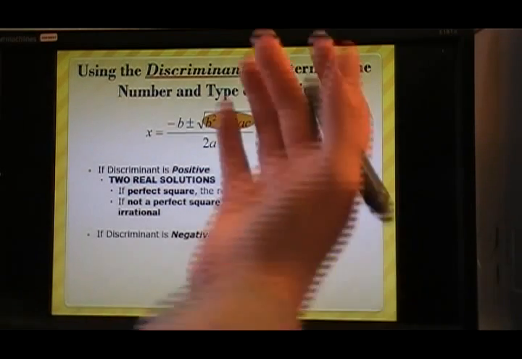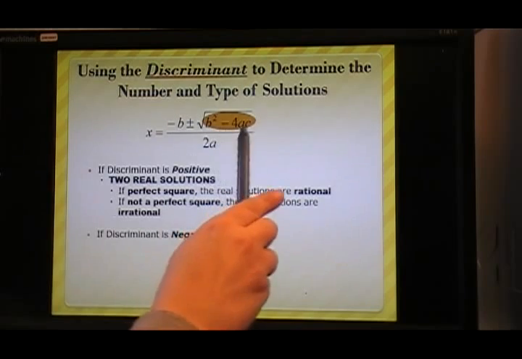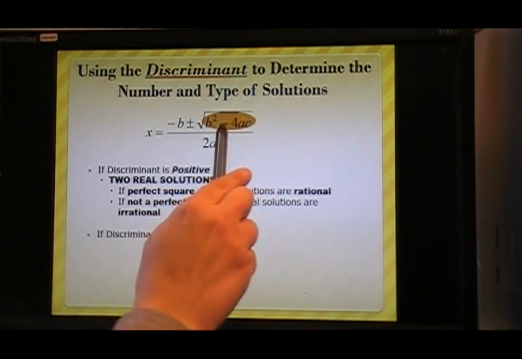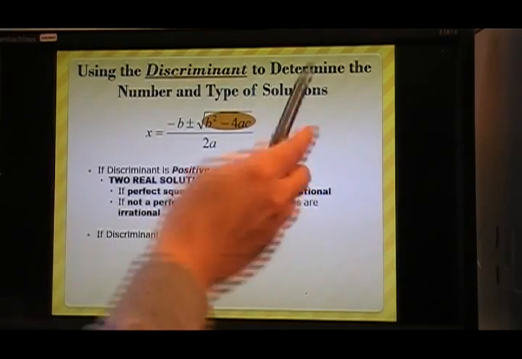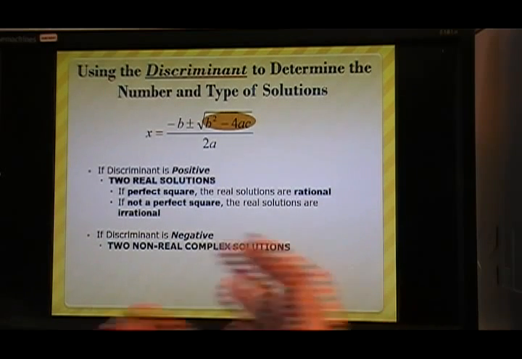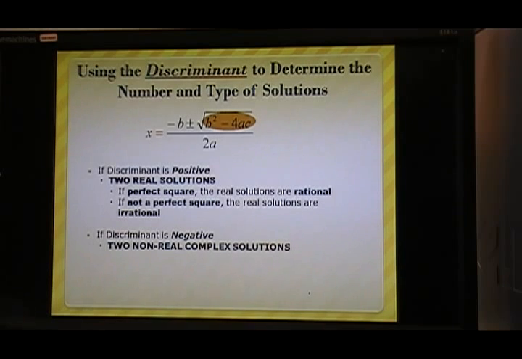If that discriminant is negative, then you're going to be taking the square root of a negative, which is going to result in getting i's. So if the discriminant's negative, you will have two non-real complex solutions. Complex numbers that are not real. We specified that, remember, because the real numbers are housed in the complex. All real numbers are complex as well.